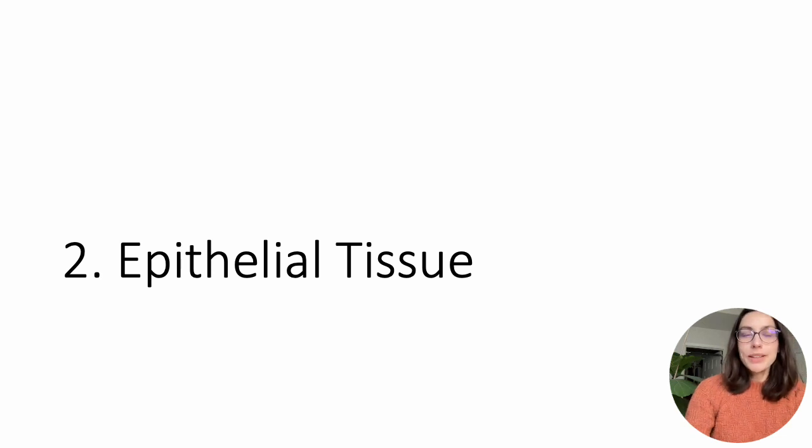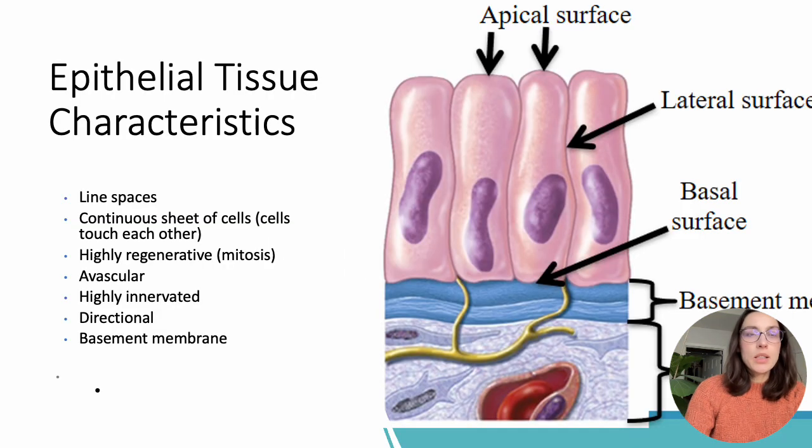Epithelial tissue lines spaces. It's also characterized by the fact that it's made of continuous sheet or sheets of cells, so the cells are really, really tightly touching each other. Also, these tissues are highly regenerative, meaning they undergo mitosis pretty continually.